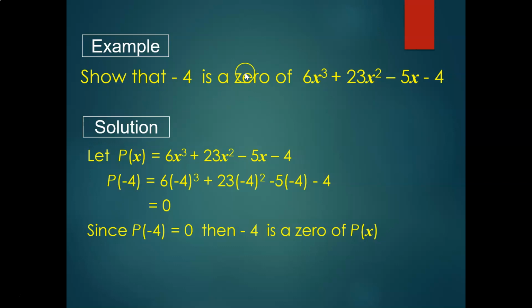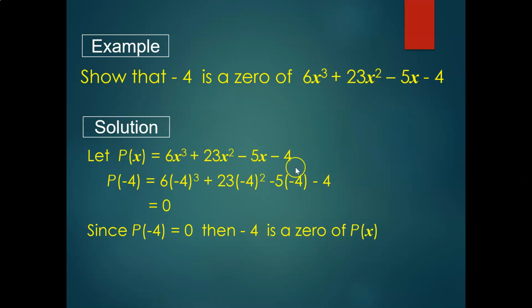Okay, example. Show that negative 4 is a zero of this polynomial. So zero is actually one number dalam sebutan nombor. How are we going to show it is actually a zero for this polynomial? We're going to substitute this negative 4 into this polynomial. So you will have P(negative 4).